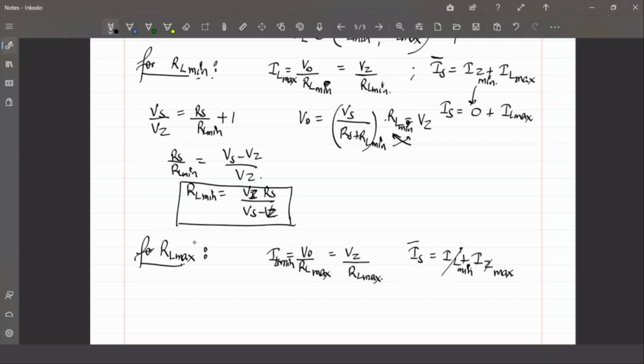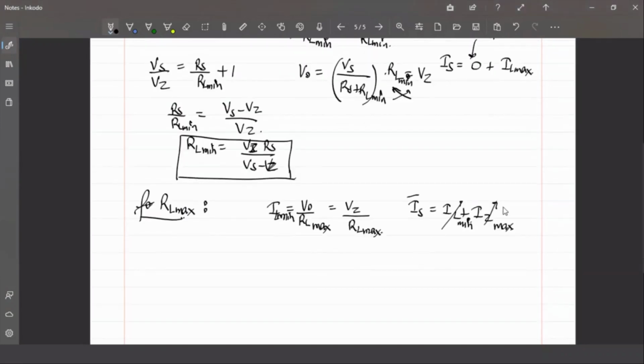Because IL has changed, IZ also has to change to keep IS constant. But we have already seen how to find the peak value of IZ. IZ max can be written as PZ max, the maximum value of power, divided by Vz.